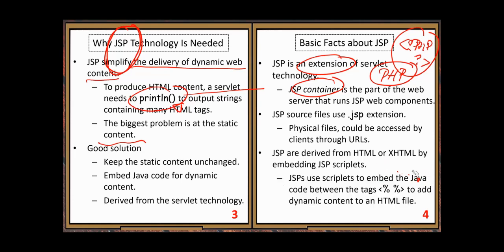So JSPs use scriptlets to embed Java code between a pair of tags like that, to add dynamic content to an HTML file. These special tags are important for Java servers. Why special? Because when the Java server sees these tags, it will translate the code inside this pair of tags.